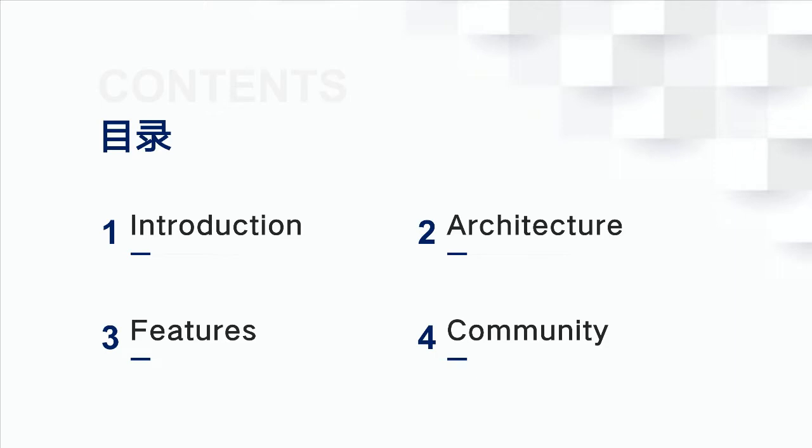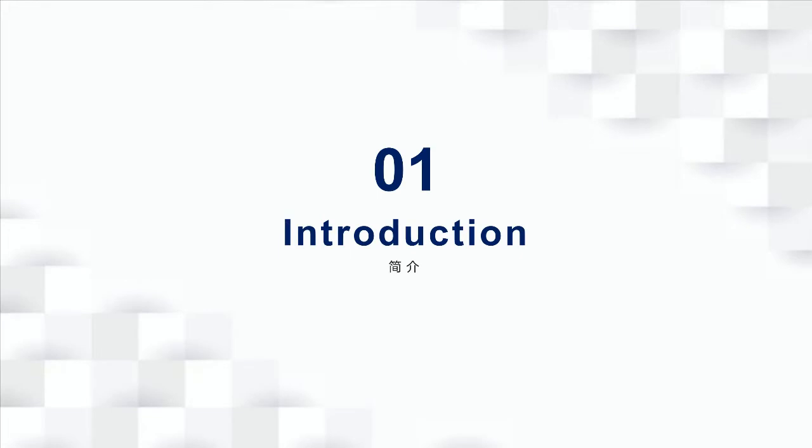In the third part, I will focus on the core features of Apache ShardingSphere, including data sharding, read-write splitting, distributed transaction, database governance. In the last part, I will introduce the active open source community of Apache ShardingSphere. Let's get straight down to part 1.